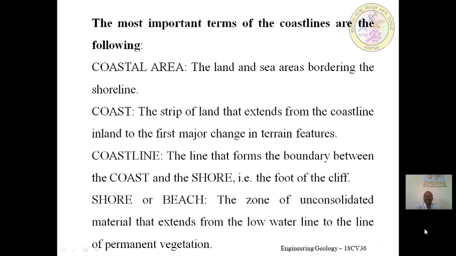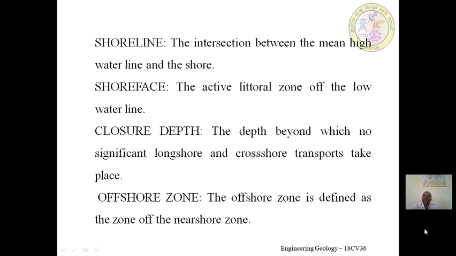Coastal line: the line that forms the boundary between the coast and the shore, the foot of the cliff. Shore or beach: the zone of consolidated material that extends from the low water line to the line of permanent vegetation. Shoreline: the interaction between the mean high water line and the shore.